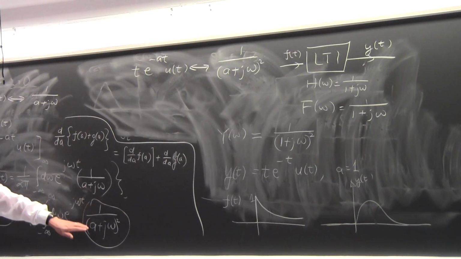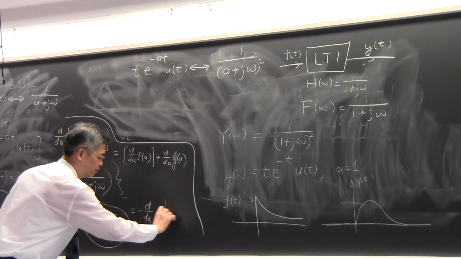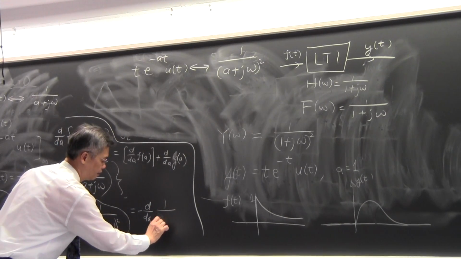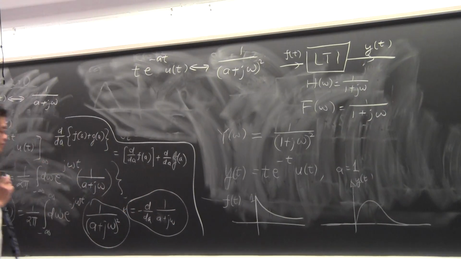When I differentiate each of these terms, I get that quantity. So this is just equal to minus d/da of 1 over (a plus j omega). That's what I mean. Okay, you get it? Everybody gets it? Good.